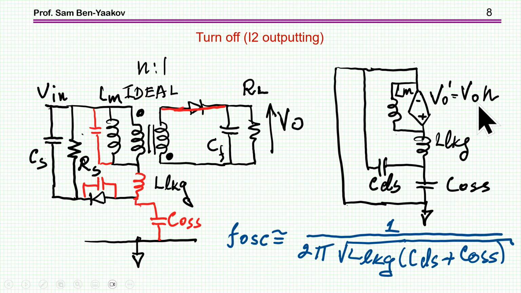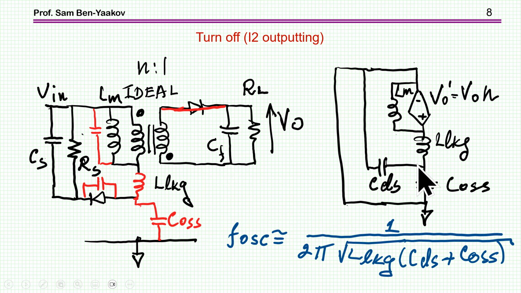We have here the reflected voltage, so it's a voltage source which is clamping the Lm. So this is a constant voltage across this dependent source, you might say. We have the leakage. We have the output capacitance of the transistor, COSS, here. And then when the diode stops conducting, we have the capacitance of the diode.